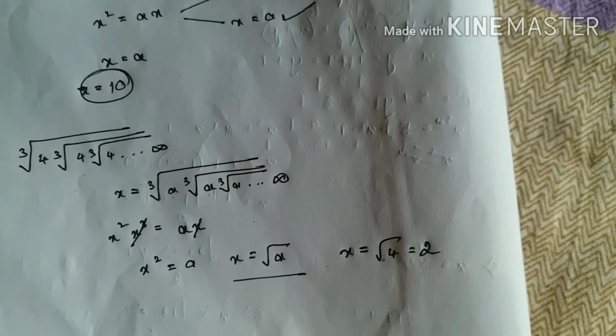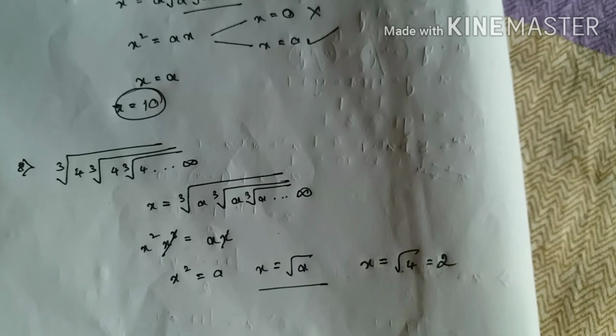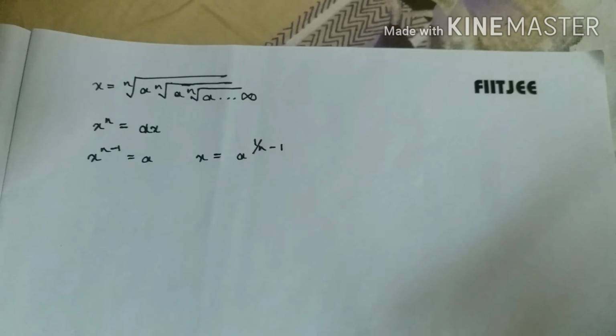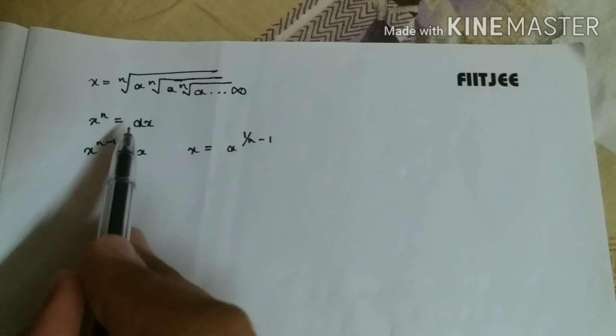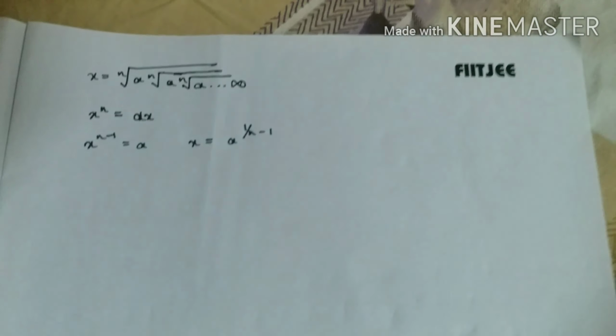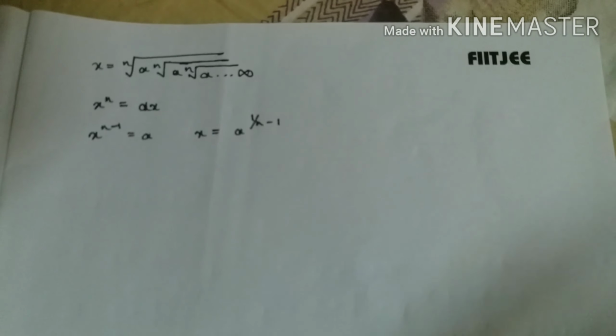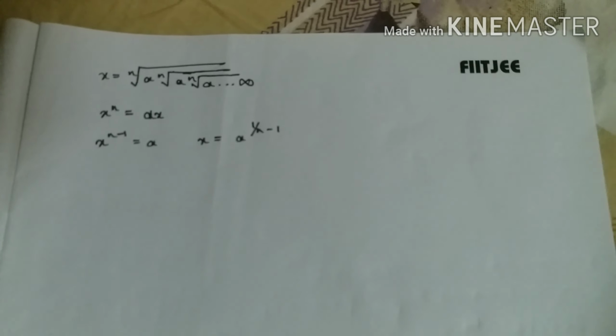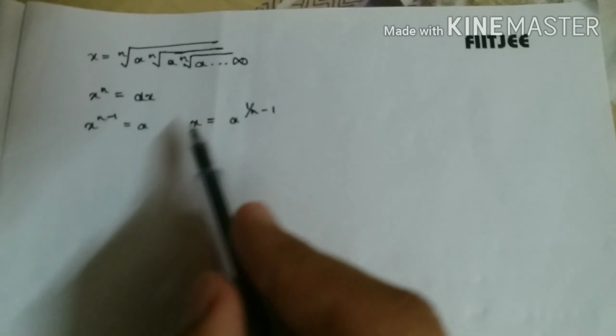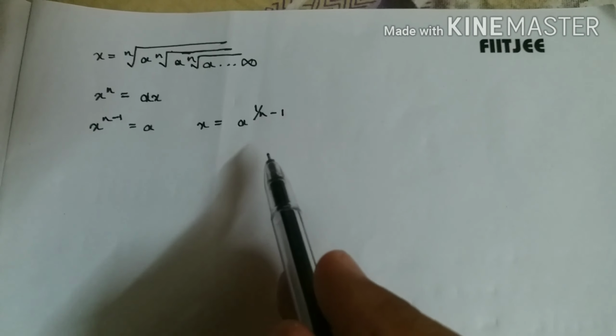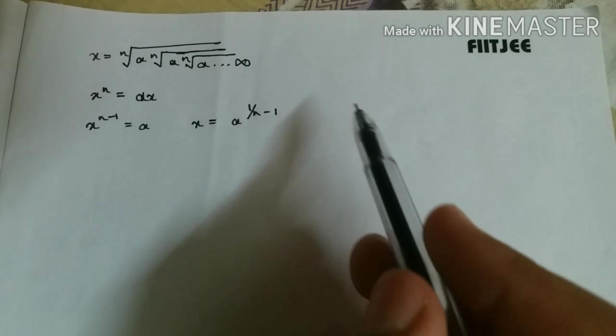Now you can also make an observation from these two questions. See, the previous two questions were of this type: x is equal to nth root of a, nth root of a consecutively till infinity. So now x to the power n is equal to ax, x to the power n minus 1 is equal to a, x is equal to a to the power 1 by n minus 1. This is how we can work out such questions.